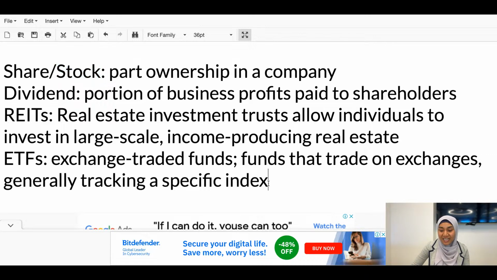So that is just a quick intro into some concepts when it comes to investing. Obviously, there are a lot of new terms that I've introduced you to, so I don't expect you to remember any of these. I'm not going to test you.